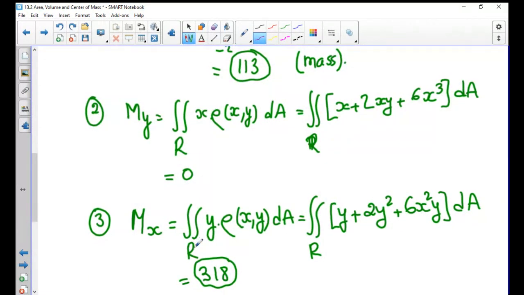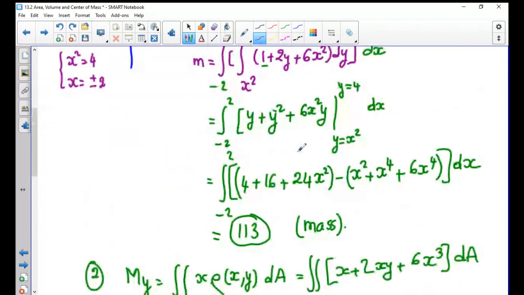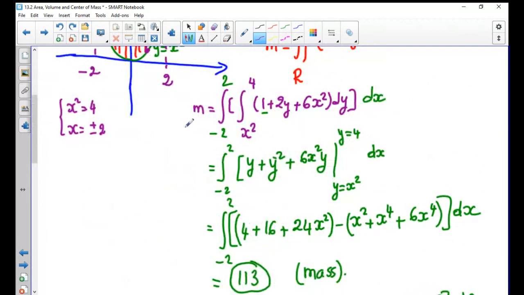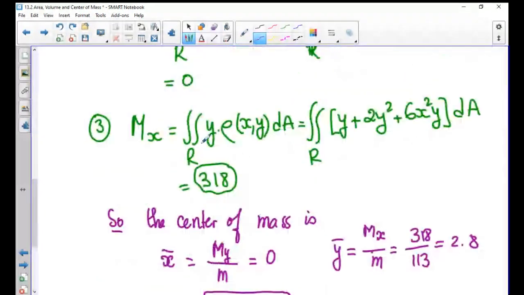So y will always be from x squared to 4, and x will always be from -2 to 2, like this.